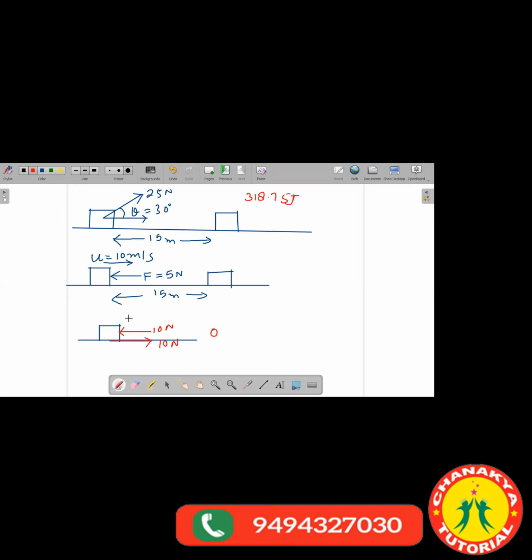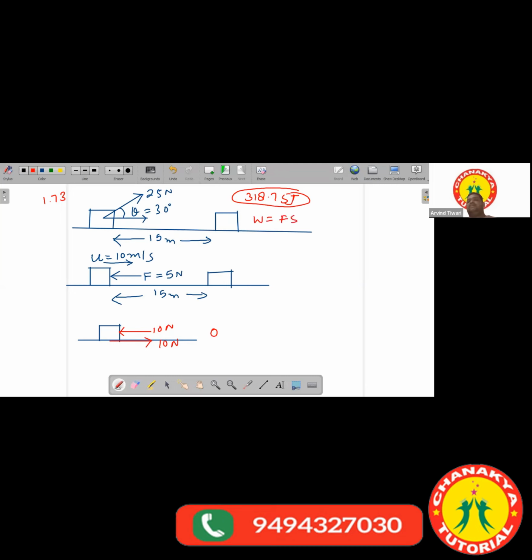The root 3 value is 1.73, right? So the first one is 324.3. Work will be equal to Fs cos 30, and force is 25, displacement is 15, multiply by cos 30.